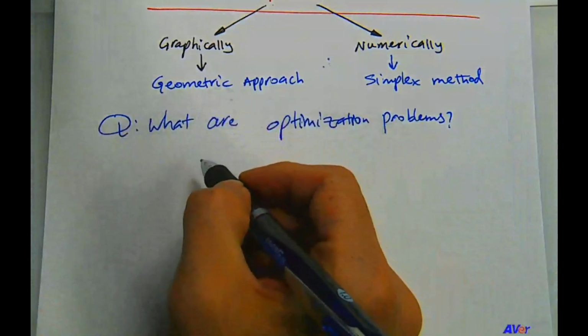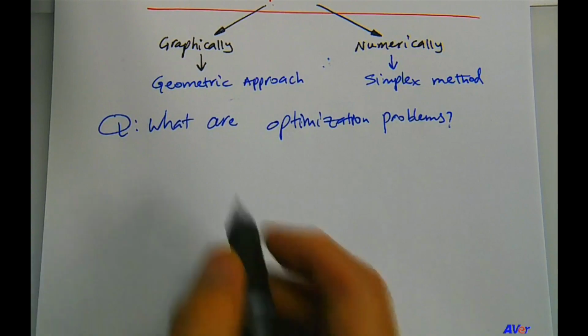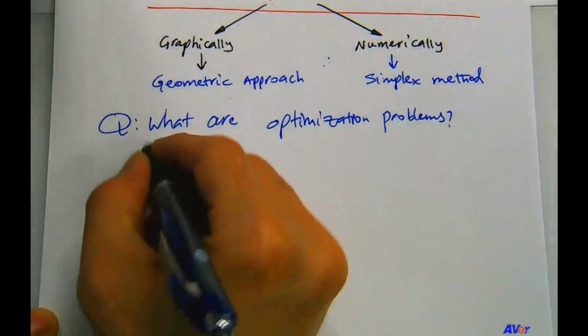So these are problems such that the solution demands us to either find the maximum point of that function or find the minimum point of that function, depending on what we're dealing with. That's what optimization means. Either find the minimum point or the maximum point. So let me write that down.